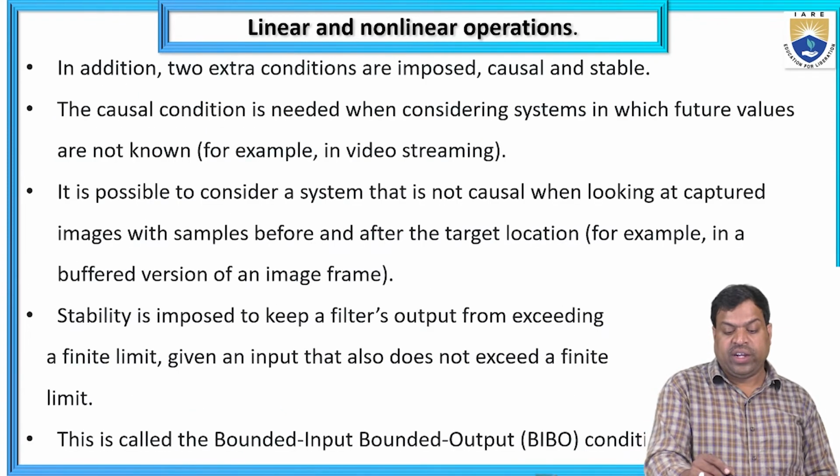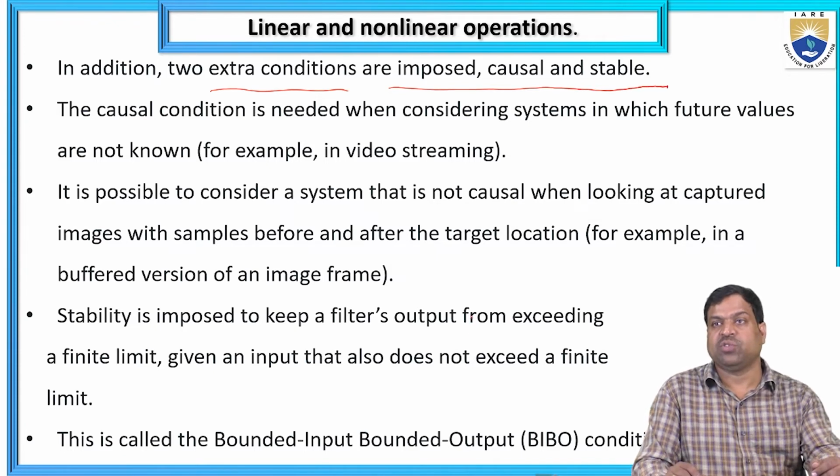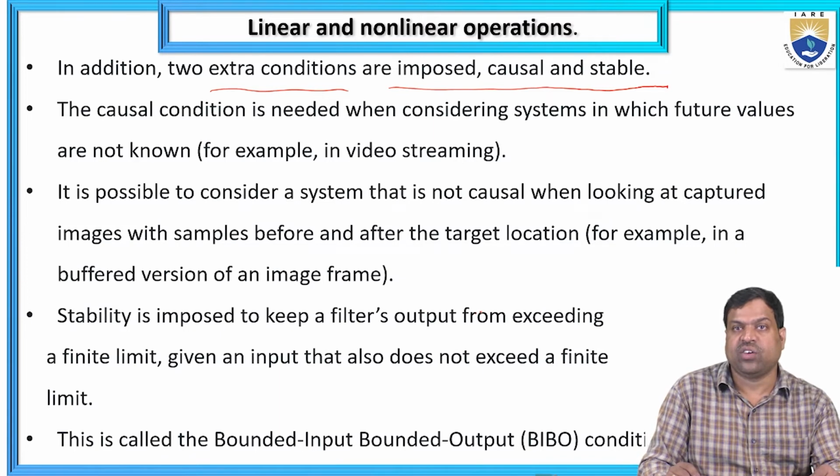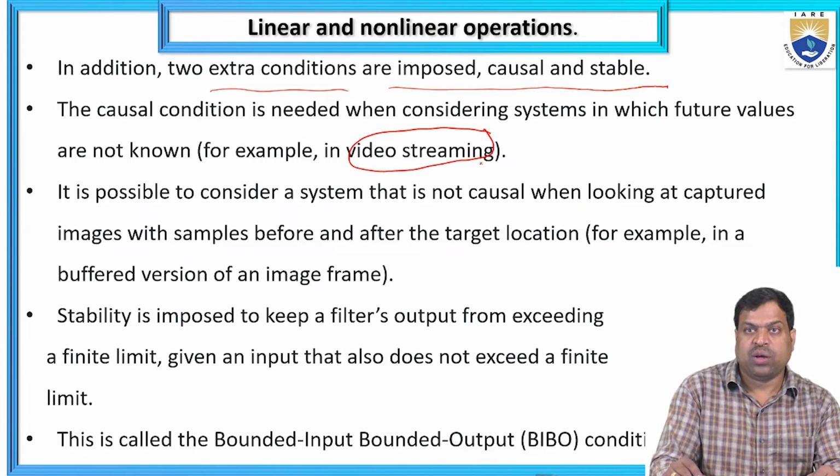In addition, two extra conditions are implemented: causal and stable systems. So what do those mean? Causal and stable systems apply to linear and non-linear systems. The causal condition is needed when considering systems in which future values are known, for example in video streaming. When I am taking not an image but a video stream and operating on it, it is needed to consider the system with future values.